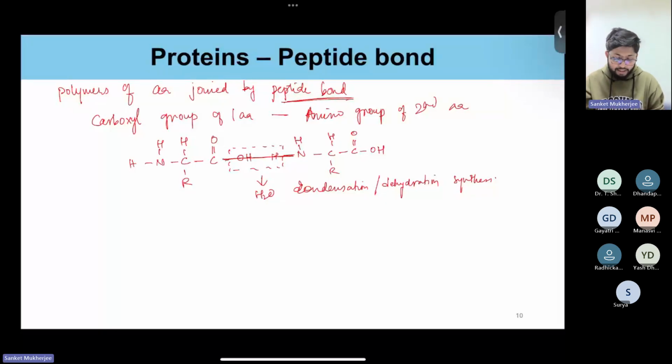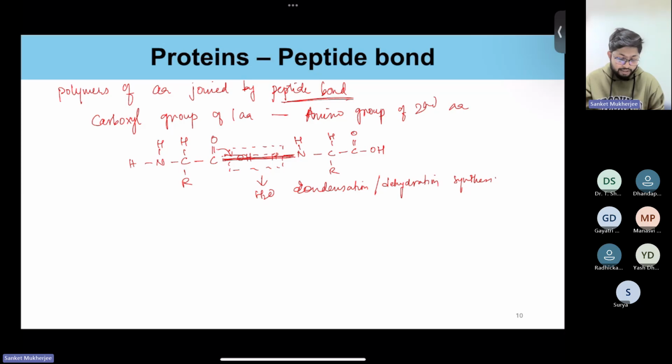So this C and N bond cannot rotate because it has a double bond character, because from the oxygen here through resonance, this can form a partial double bond. That's why it is not amenable to rotation.